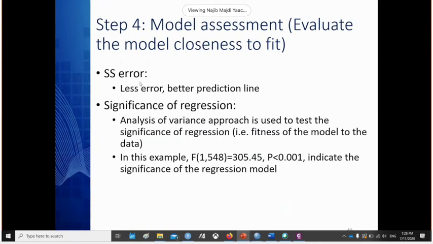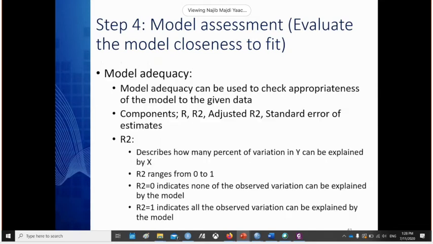So for sum of square error, less error means a better prediction line. Significance of regression: if it is significant, it indicates that the regression model is significant. For model adequacy, we look at the R square value, adjusted R square, and also standard error.